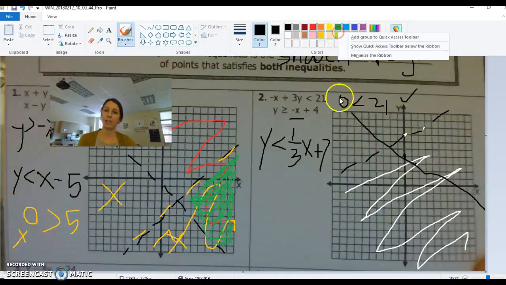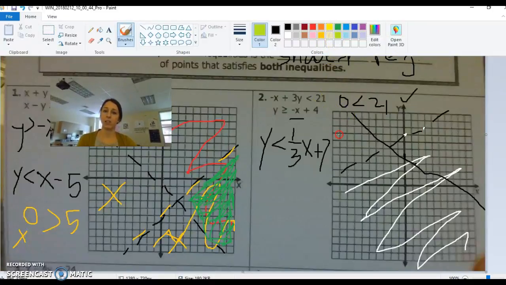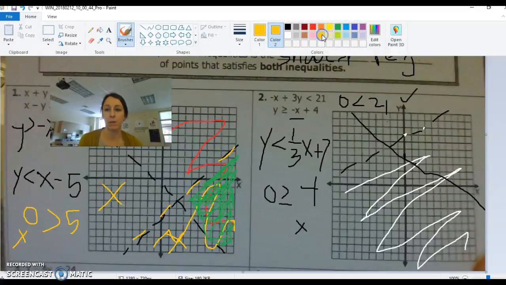It is not going to be either this region or this region because the first inequality didn't shade those. So now we're going to test 0, 0, and we get 0 is greater than or equal to 0 plus 4, which is 4. 0 is not greater than 4, so 0, 0 doesn't work. I'm just going to make them both the same color and then maybe it'll work.